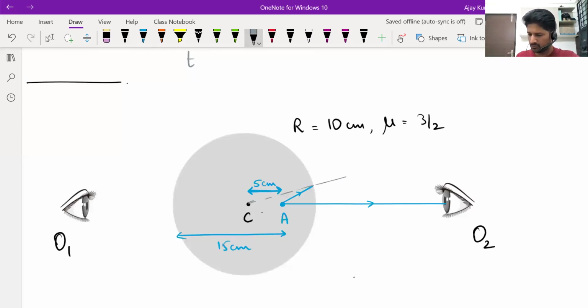And going from glass to air, it should bend away from the normal. Bending away from the normal makes it bend this way. So the rays coming out on the other side appear to be coming from somewhere here. So to the other observer, it appears closer.